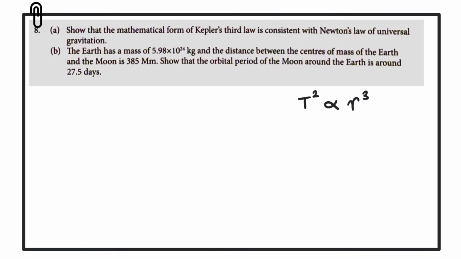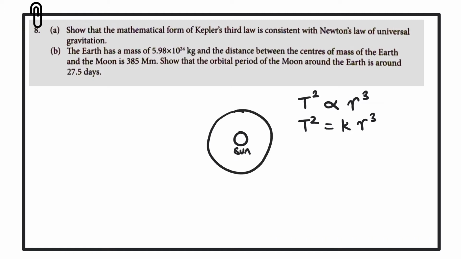So to verify that Kepler's third law is consistent with Newton's law of gravitation, we basically want to start off with Newton's equation, and we want to show that T squared is equal to some constant multiplied by r cubed. When we are talking about planets in orbit around the Sun, they are moving in a circular path, which means there must be a centripetal force.